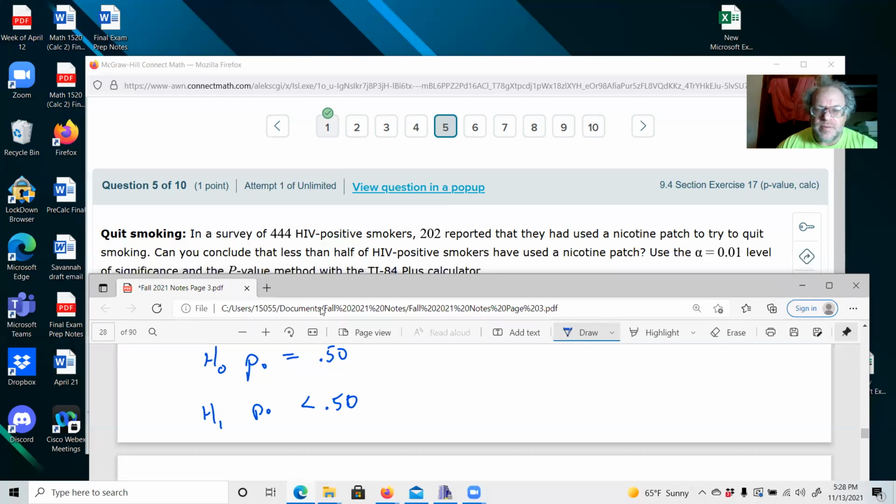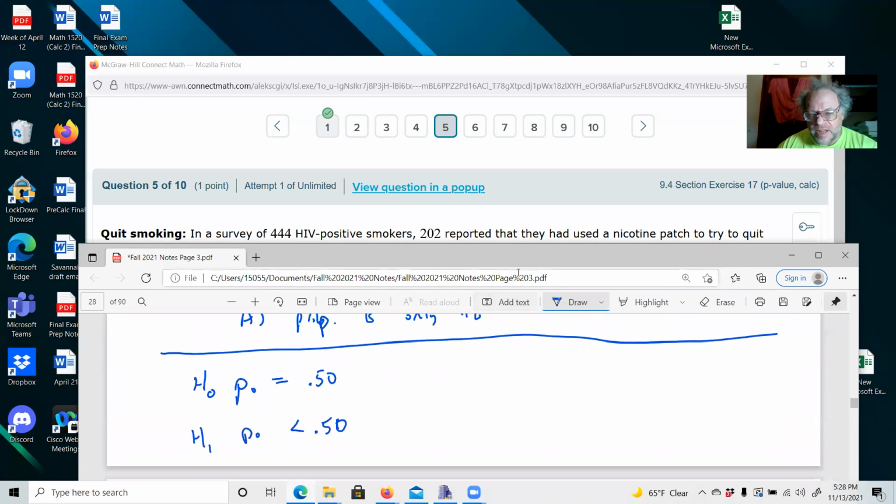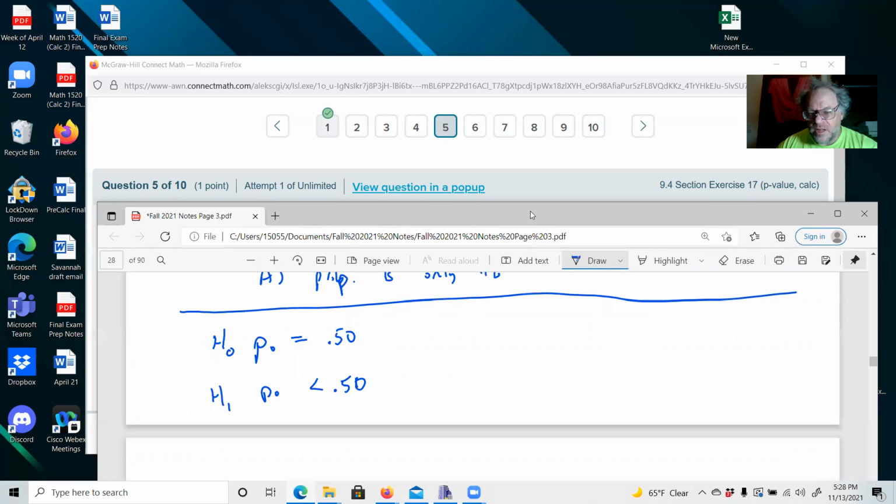Now, our alpha, thankfully, they stopped asking us to do 2 of these problems. They just asked us to do 1. So alpha is equal to 0.01. Now for our test statistic.